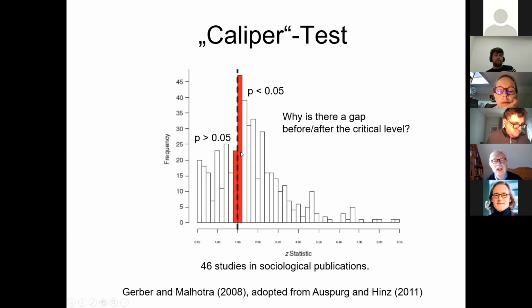That people either fake the data a bit, nudging it to jump over the threshold, or it is publication bias. Both are possible. I think the Caliper test is a nice thing: at least something happens which is not expected by applying regular statistics.